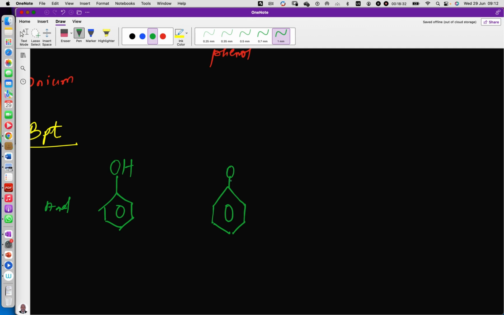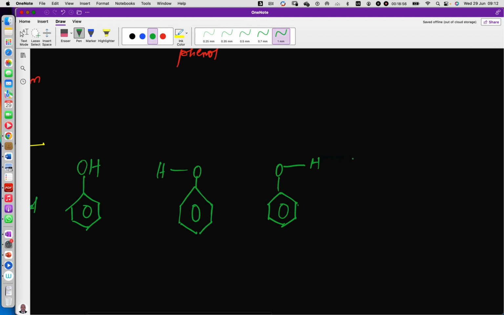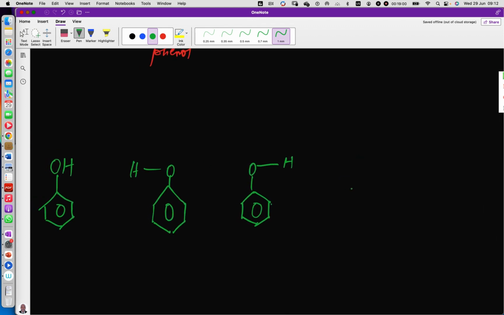We have oxygen here. We have hydrogen here. And this is a phenol molecule.